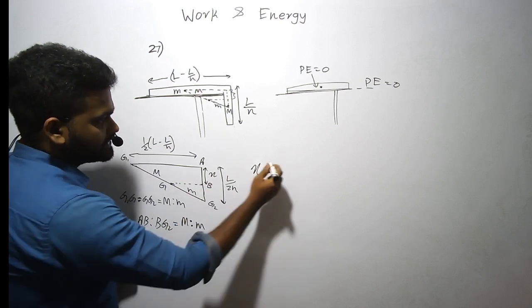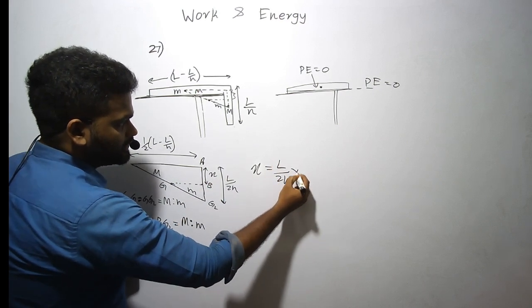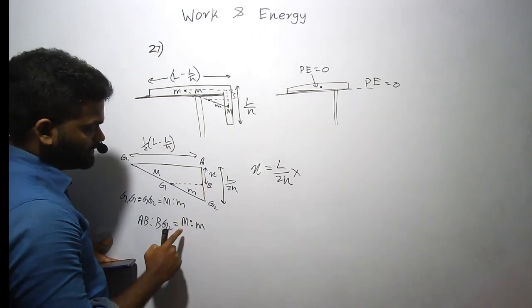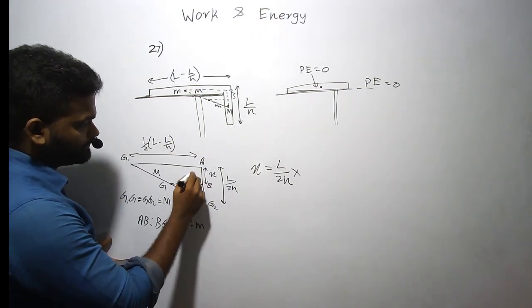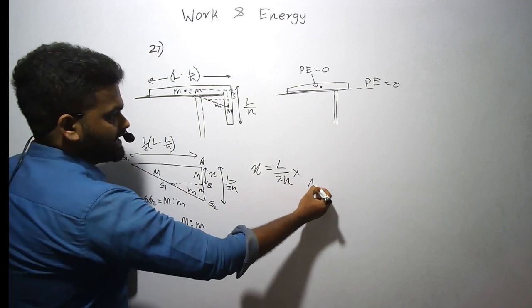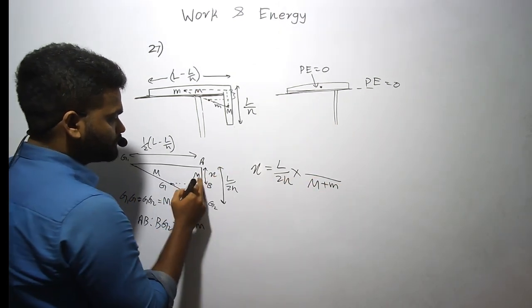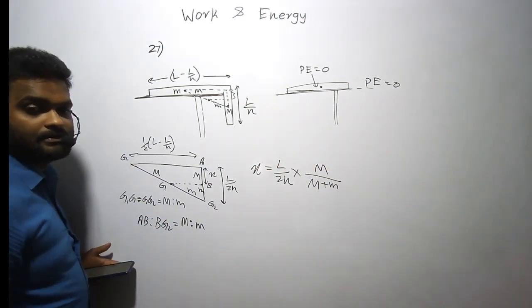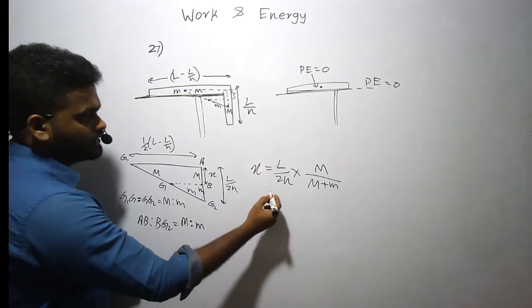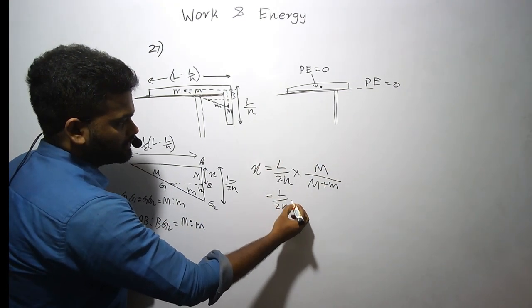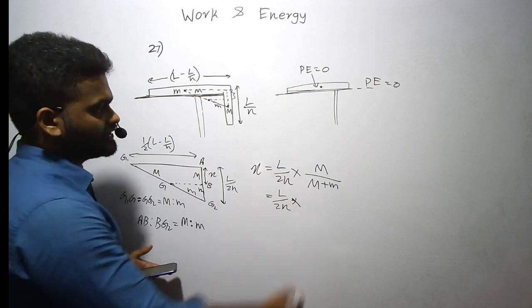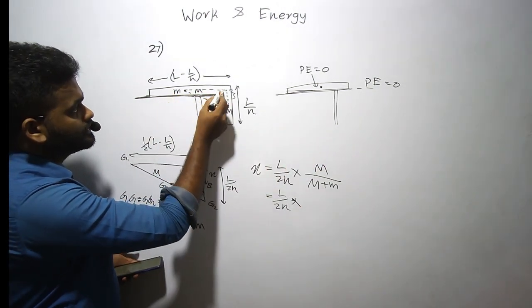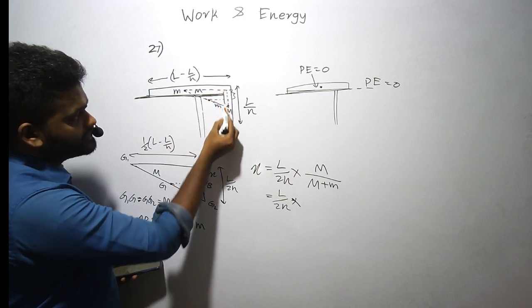So x is equal to what? Here the total length is L over 2N times the ratio. So what's the ratio? Capital M to small m. Just add capital M plus small m, and from here this part is capital M. Then you have to simplify these. So what is capital M? Capital M is the mass of this hanging part, right?